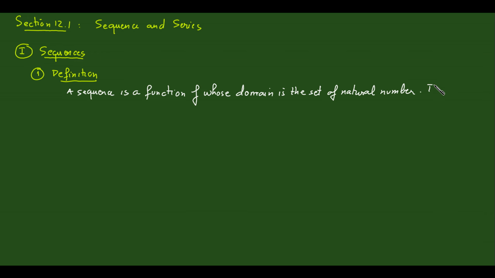The values f1, f2, f3 are called the terms of the sequence.